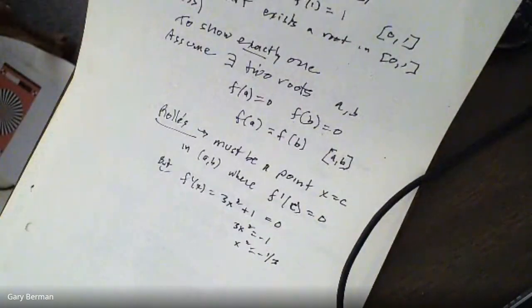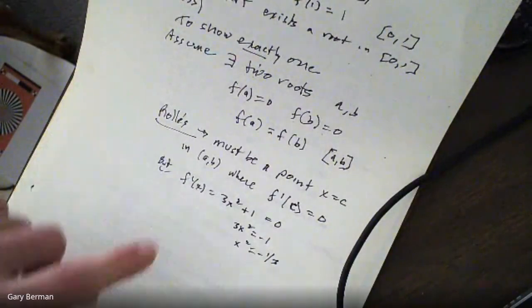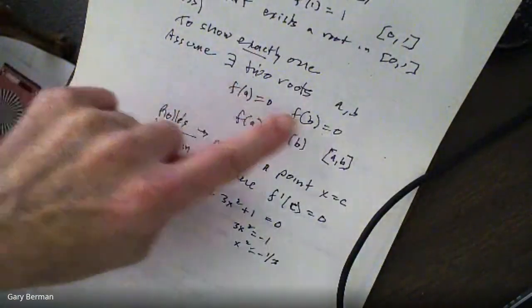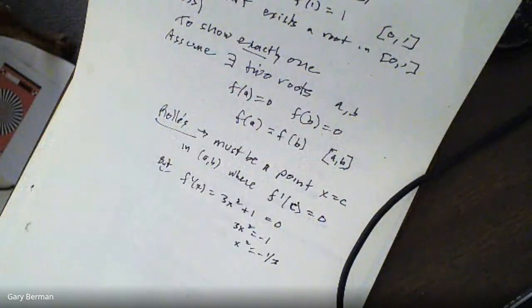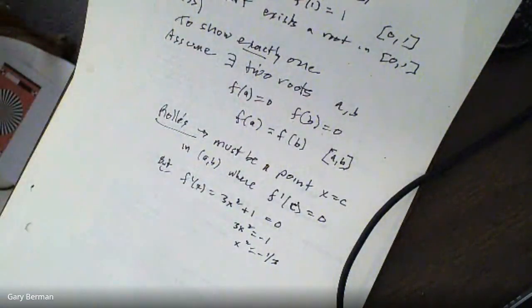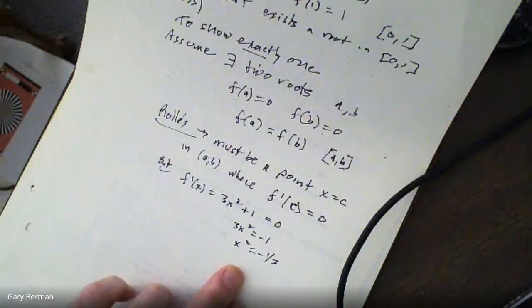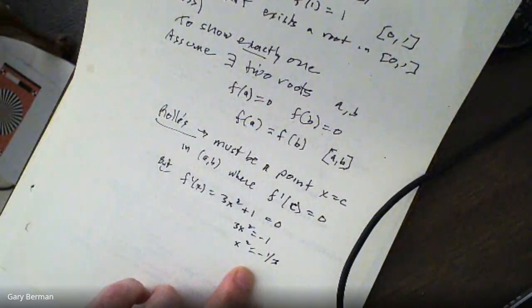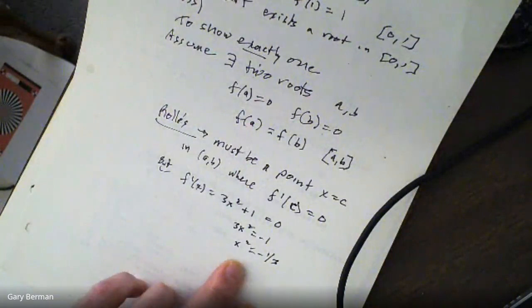What I'm showing you is that if we go back and assume that there are two roots, one at A and one at B, and we follow the logic to its conclusion, we come up with a contradictory answer. On one hand, Rolle's theorem says the derivative has got to be 0 somewhere between A and B. But when I actually look at the derivative, I see that can't happen.